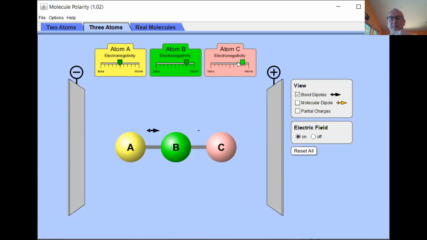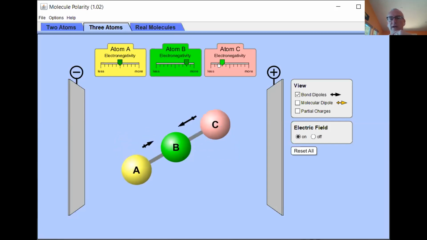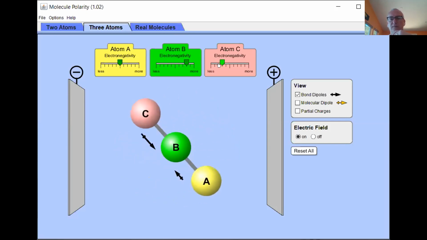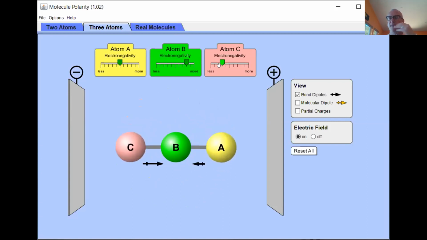Okay? So if I make this now more electronegative, even though they're pointing in the same direction, one of them is bigger than the other one. And so you need to take into consideration for a nonpolar molecule that has polar bonds, not only do they have to be pointing in the same direction, they have to be exactly the same size.